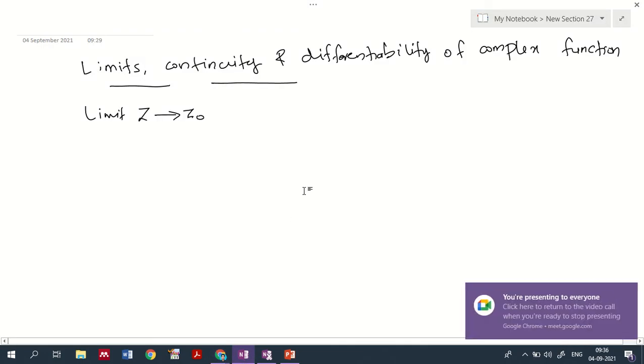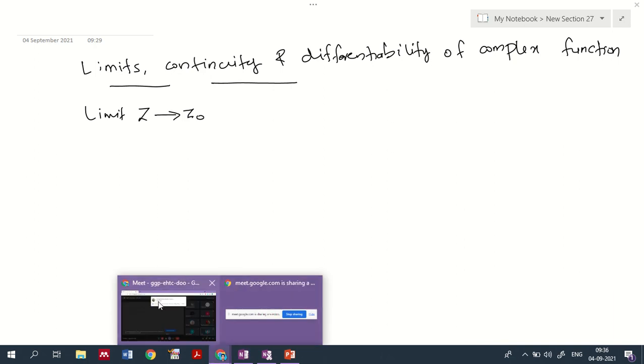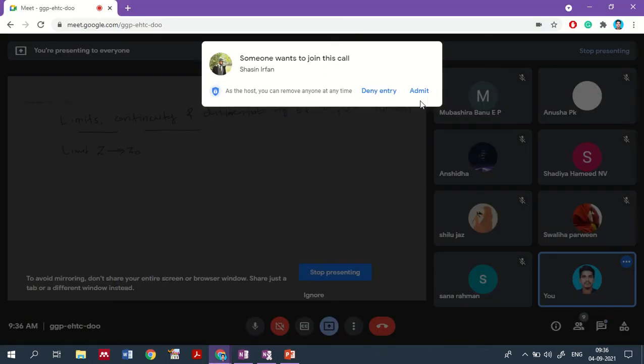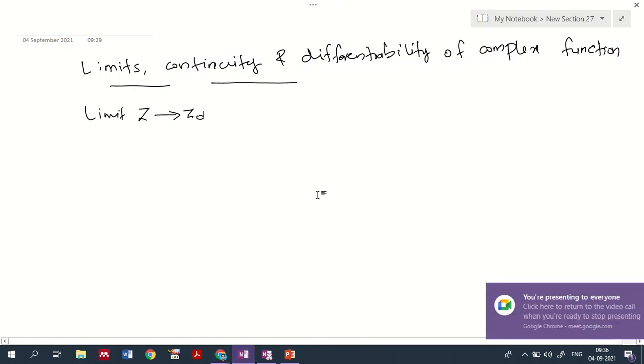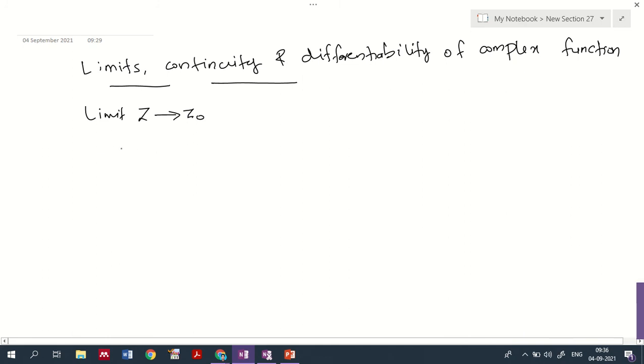So that is the condition we use. Many ways we represent this same thing.